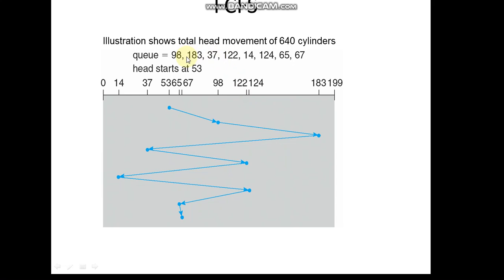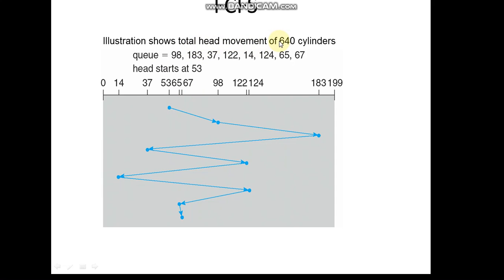We have shown only the sectors which are requested in this particular queue, so just mark all of them. Then start from the beginning. The head is initially at this point, and then it moves in the order the requests have arrived. So how to calculate total head movements and average head movements, we'll see here.